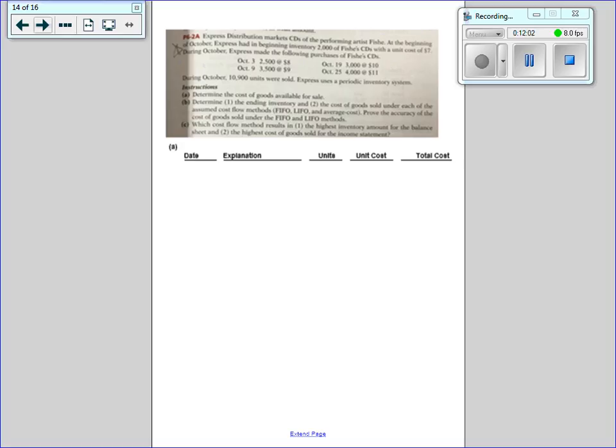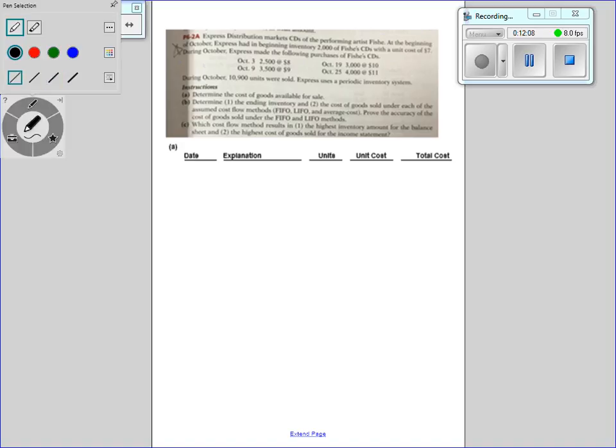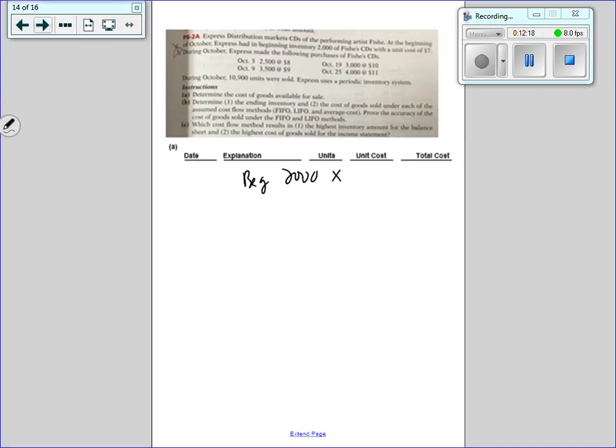That tells me right there, that's the first thing we have to do. Beginning, we had 2,000 CDs sitting there in inventory at, I had 12 in my head, but do you guys see 7? Yes. So those 2,000 CDs at $7 a piece are valued at $14,000.